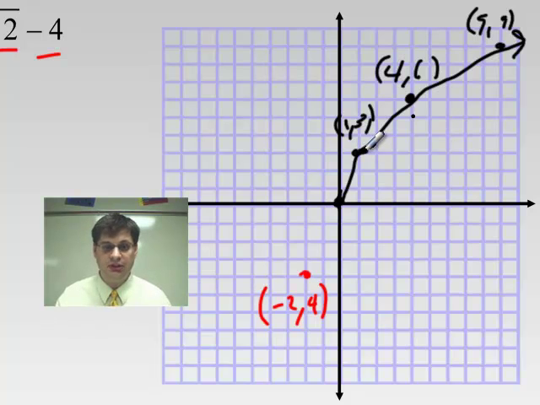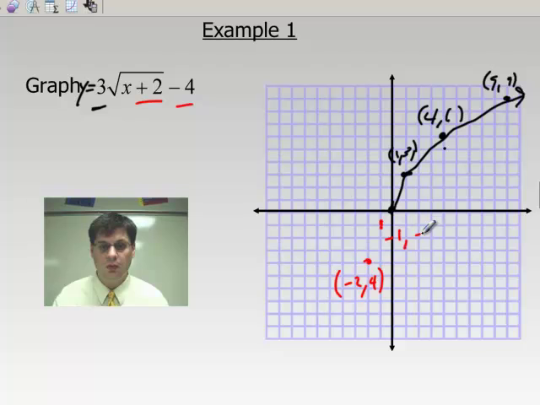And then we'll do the same thing here. So 1, 3, so we go left 2, so 1 minus 2 is going to give us negative 1. And then 3 minus 4 gives us negative 1, so down 4. And I'll label that as negative 1, negative 1.